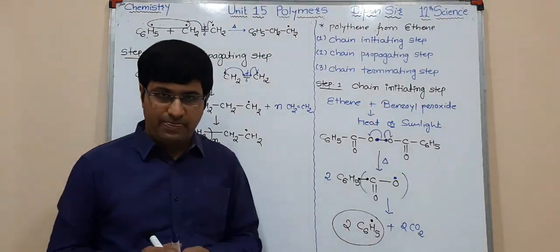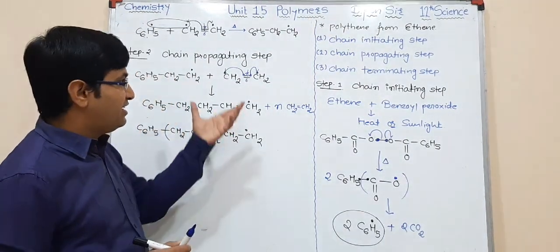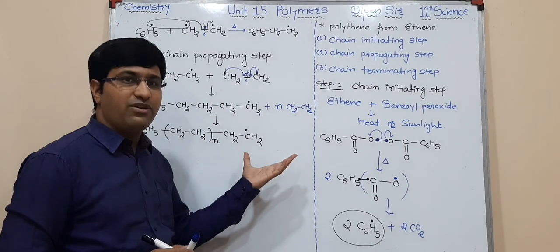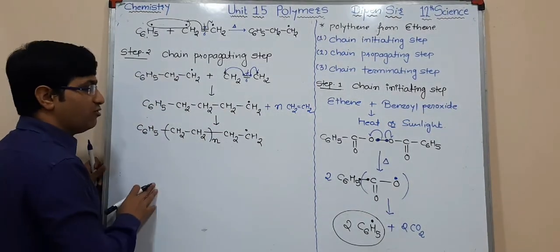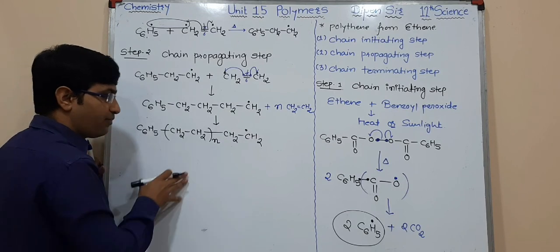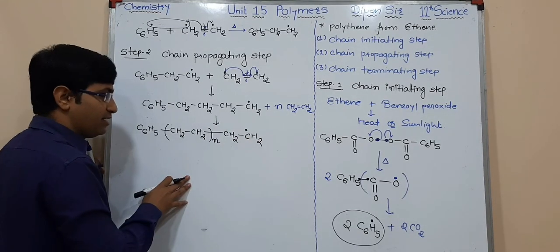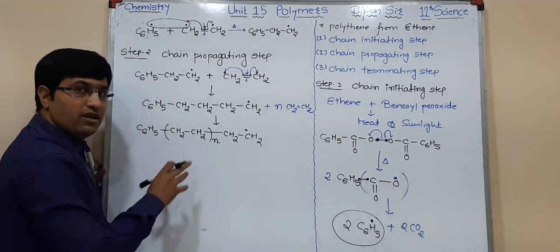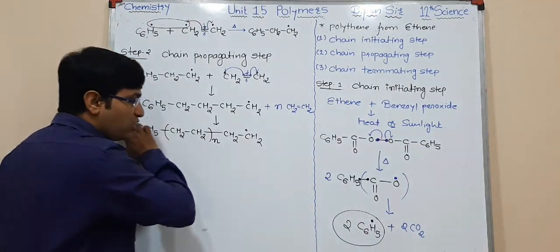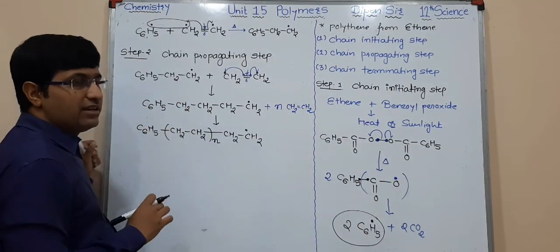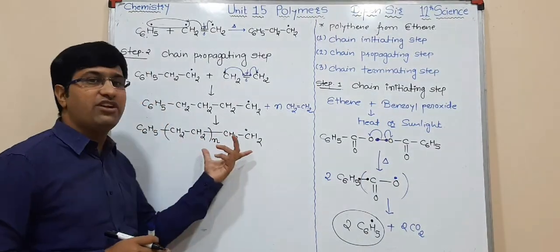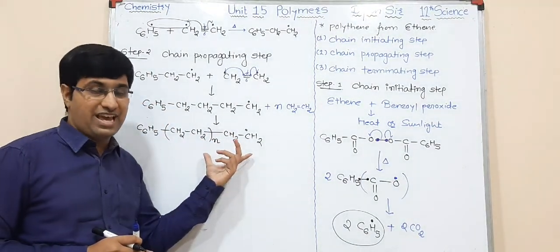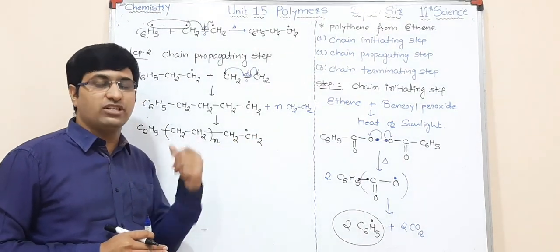So students, we can say that this reaction takes place in a number of molecules. So there is a possibility that we can obtain a number of long chain free radicals here, and these long chain radicals can react with each other.